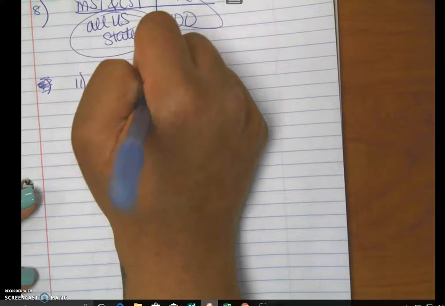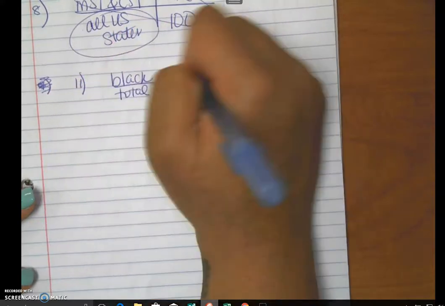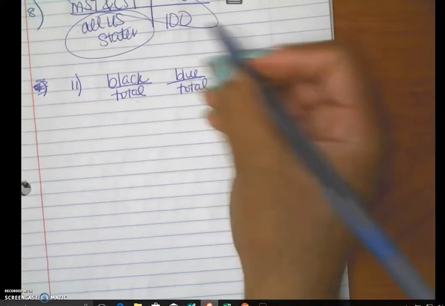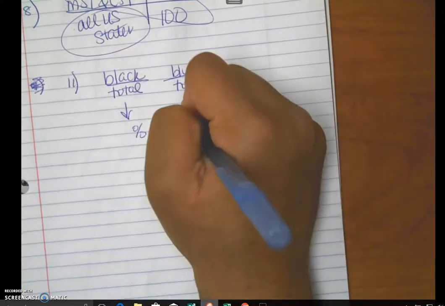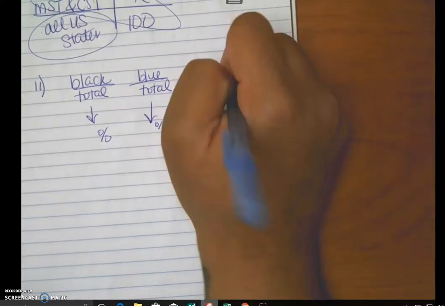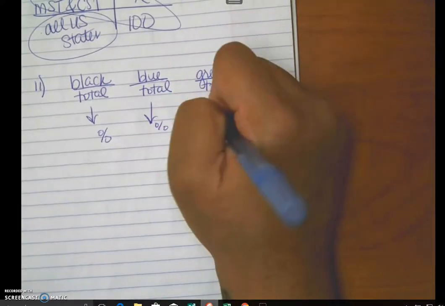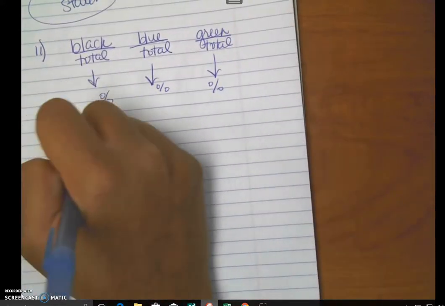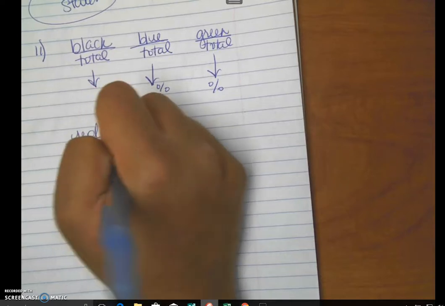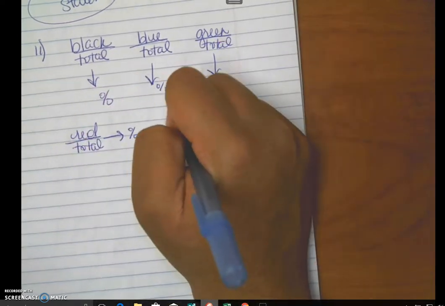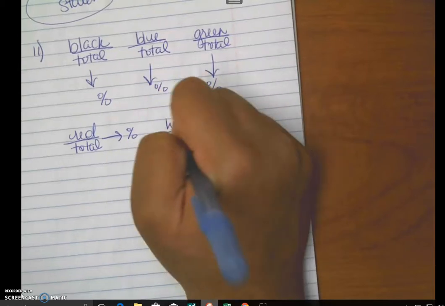Whoopsies again. I need black out of the total. I need blue out of the total. It needs to be in percent form. I need green out of the total in percent form. Red out of the total in percent form. Blue, oh, I already did blue. White out of the total.